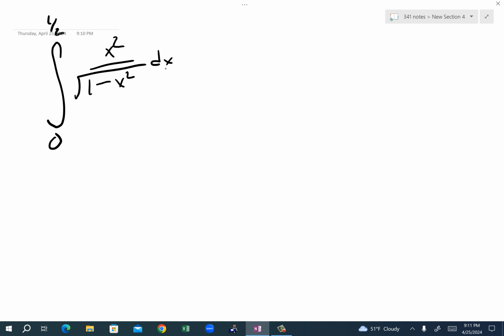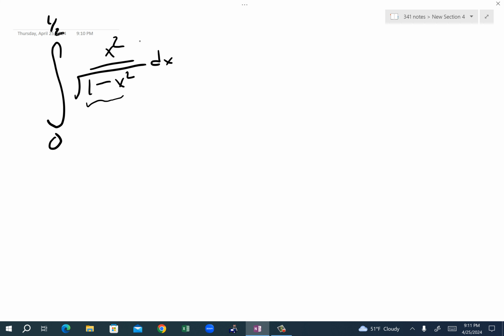Now, let me do some examples here today. And as we do them, you'll say, oh, I got this. For instance, this one right here, the integral from 0 to a half of x squared over the square root of 1 minus x squared. You're like, regular substitution, there's my u.